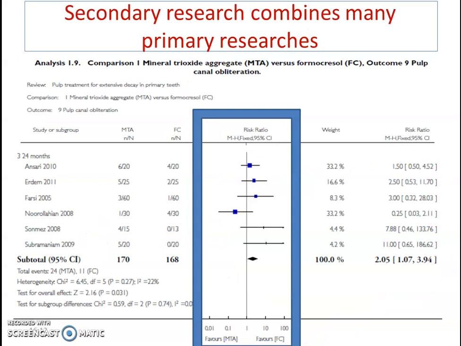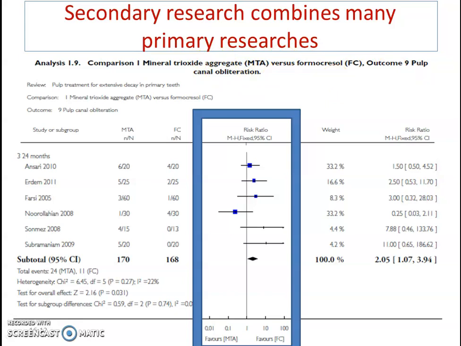I have here an example for a secondary research. This is taken from a meta-analysis. You can see in the blue rectangle over there the results of multiple studies put together. So this is a research comparing mineral trioxide aggregate with formocresol as to which one is better in pulp canal obliteration.